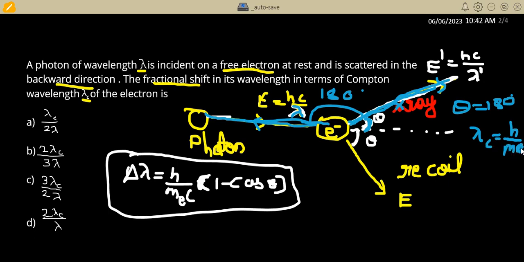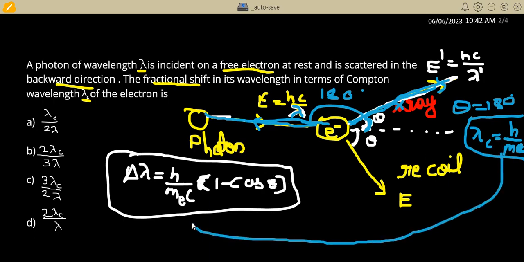So I am going to substitute this here, h by mc. Here the mass of the electron is represented. Now 1 minus cos theta, with theta equal to 180 degrees, we are going to substitute this also.